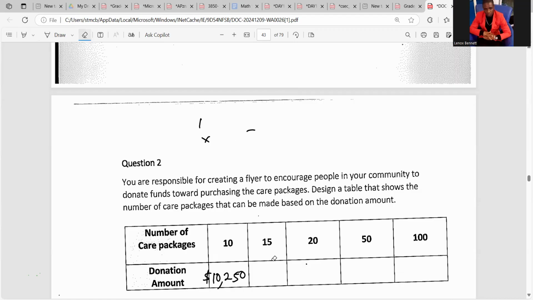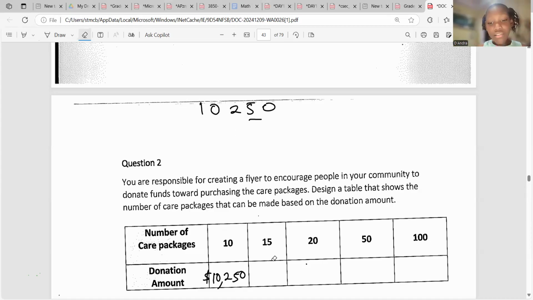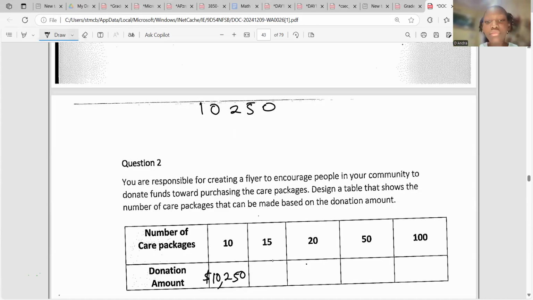Wait just 1 second. So it's 1,025 times 15. Go ahead, sir. 10,250. Oh, 10,250 times 15. All right.